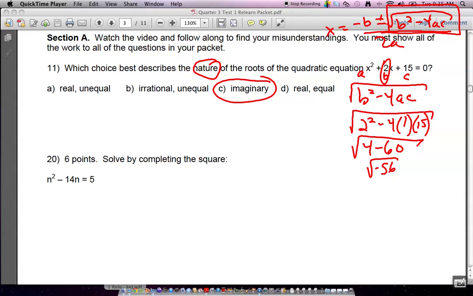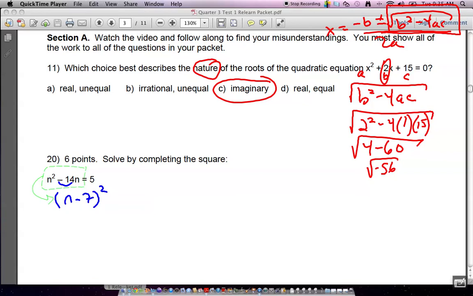If you're going to complete the square, the first thing to notice is it's always half of this. Pretty much everybody wrote this down on their paper. But this is the part that you have to put into your head and you cannot forget about. This n squared minus 14n does not equal n minus 7 squared.